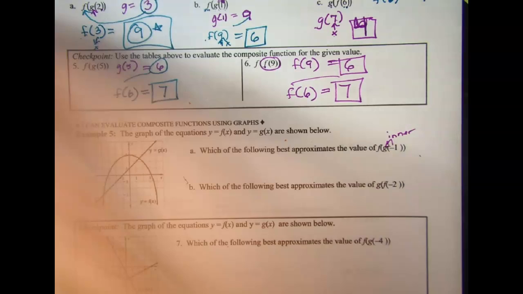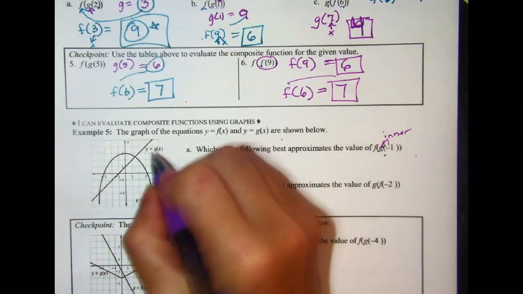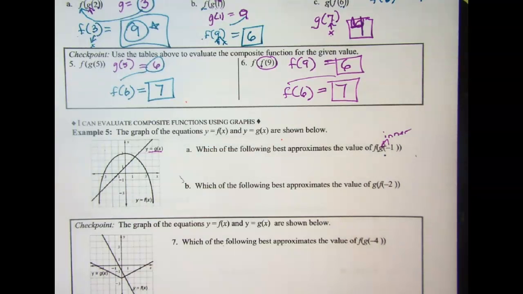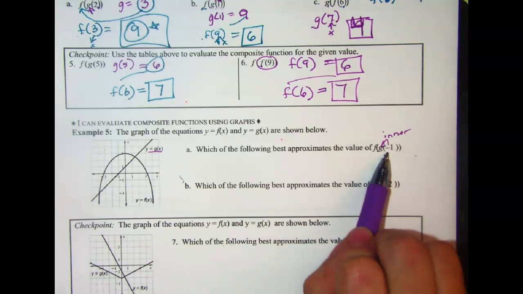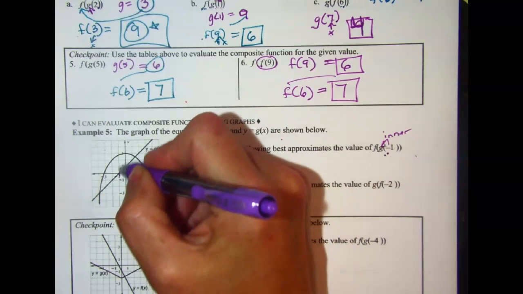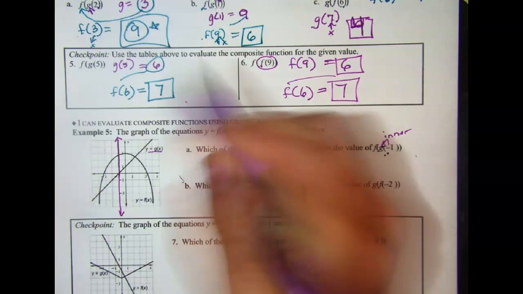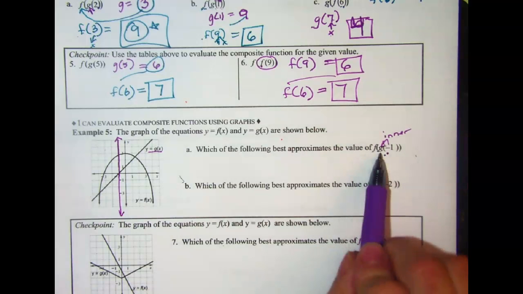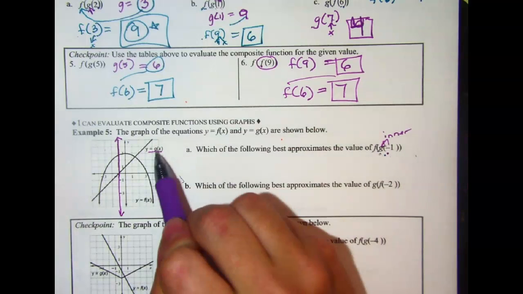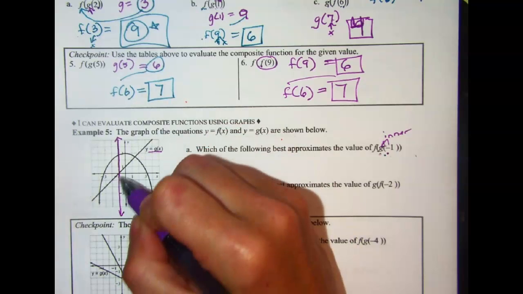Okay, so I'm going to look at my G. That's this one here, the straight line, and I'm going to pretend my x is -1. So on the x-axis, I'm going to go to -1, and I'm just going to draw, remember, a vertical line. And I'm going to see where my G graph hits on there.